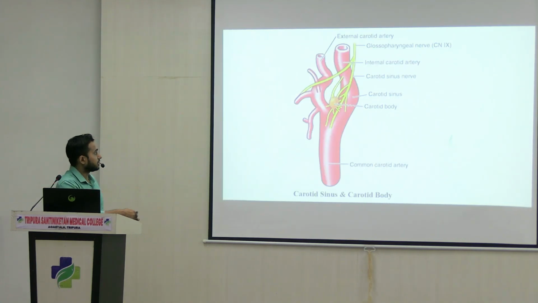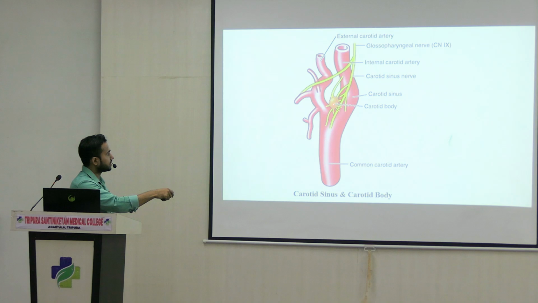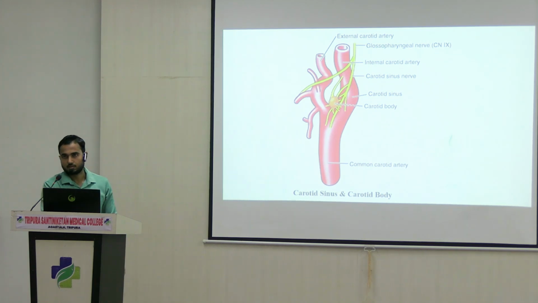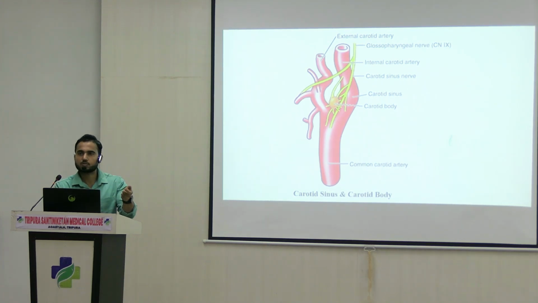Here you can see in this diagram, this is the carotid sinus which acts as a baroreceptor, and this is the carotid body which acts as a chemoreceptor. Both these structures are very important because they monitor the pressure of blood going to the cerebral arteries and the constituents of the blood, whether an adequate amount of oxygen is reaching the cerebral arteries or not.